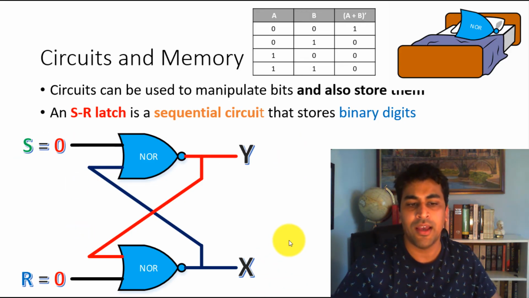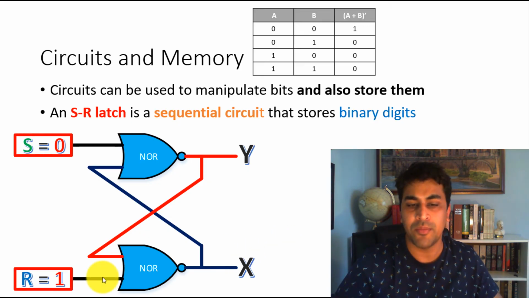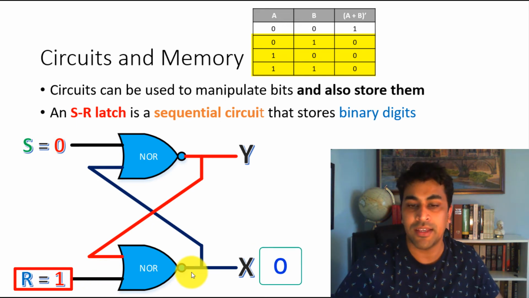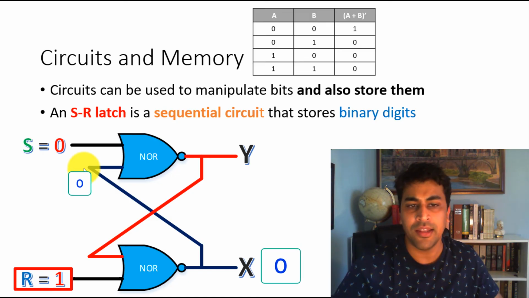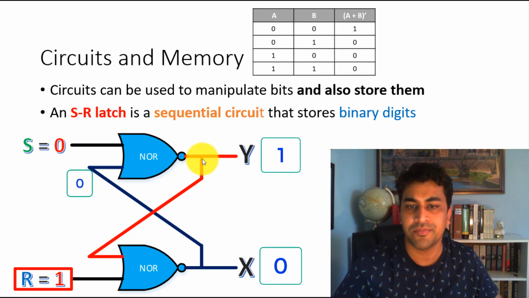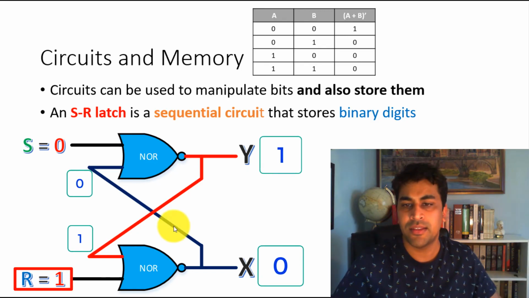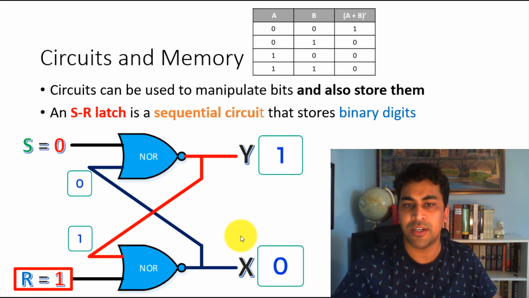Consider the case where R is 1. If R is 1, then no matter what the other input value will be, X would be a 0. If X is 0, then this NOR gate will output a 1 as in the first row of the truth table. That means if R is 1, then Y will be 1 and X will be 0.